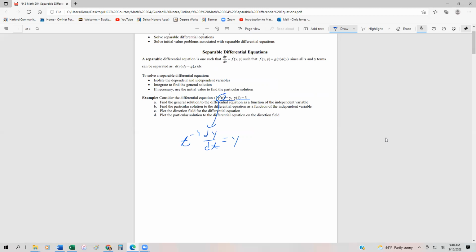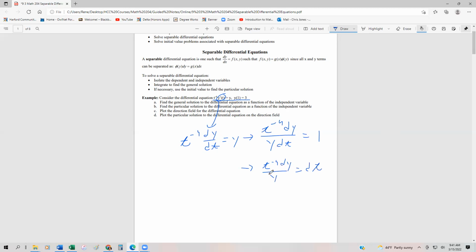Since this is the first time we're doing it, let's do this fairly incrementally. I'm going to start by dividing both sides by y. So I get t to the minus fourth dy divided by y dt is equal to 1. Then I'm going to multiply by dt, which gives us t to the minus fourth dy over y equals dt.